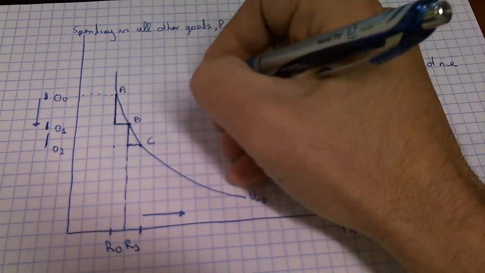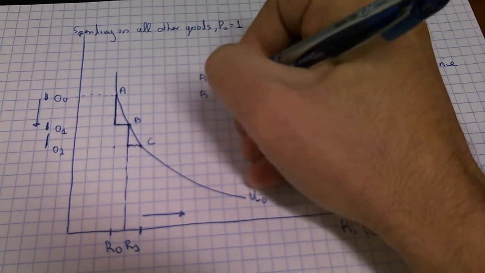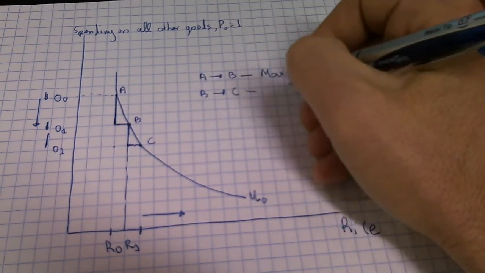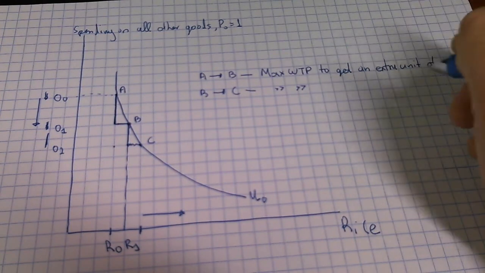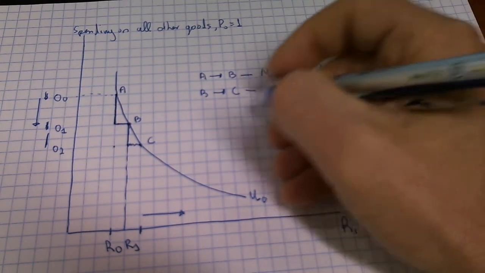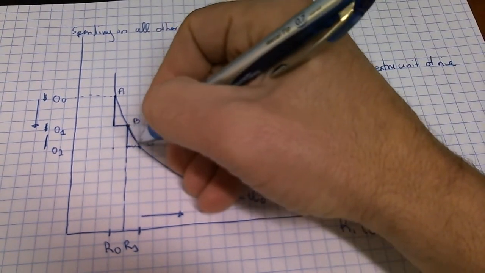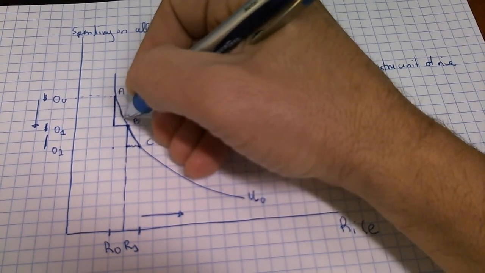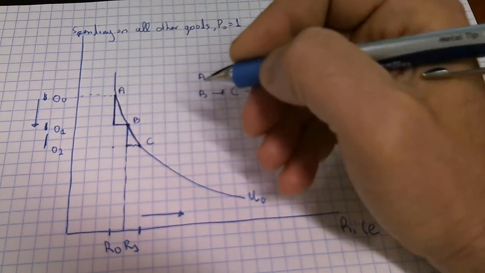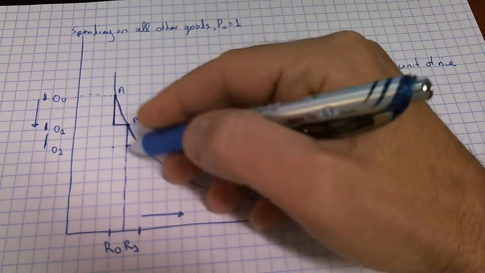Okay, and from B to C is the maximum willingness to pay to get an extra unit of rice, and your maximum willingness to pay from B to C is less than your maximum willingness to pay from A to B, right? Because you already have a lot more.